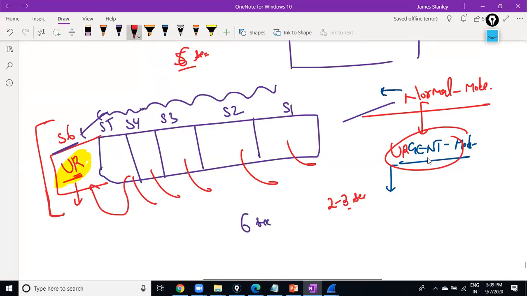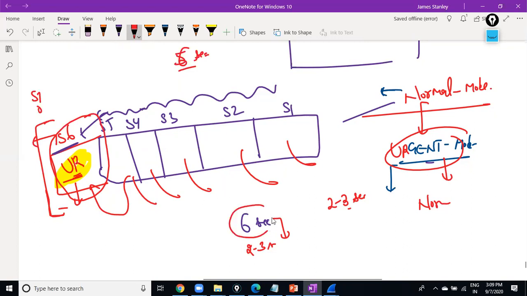But in urgent mode, it will take 2 to 3 seconds. So this is faster. And once this urgent pointer is processed, meaning the processing is done, it will change its mode again from urgent to normal. After segment number 6, whatever segments are there, S7, 8, 9, 10, it will go with its normal speed. So there are 2 scenarios, 2 things.